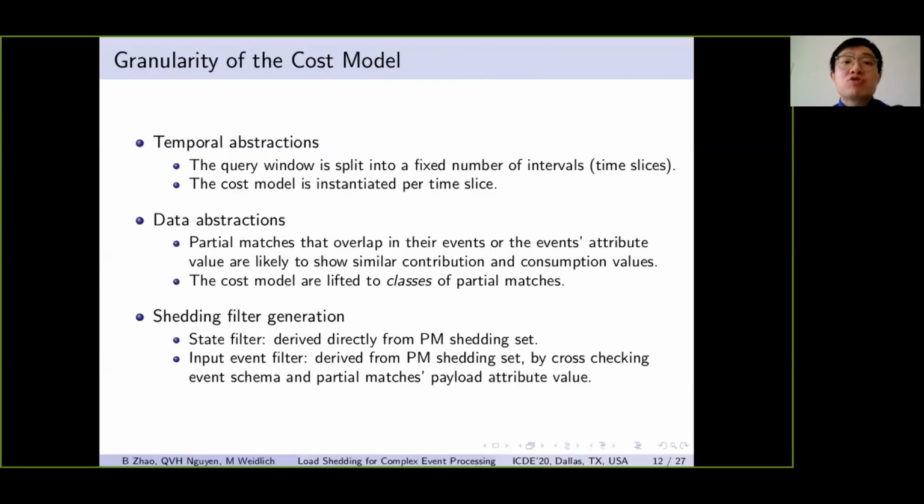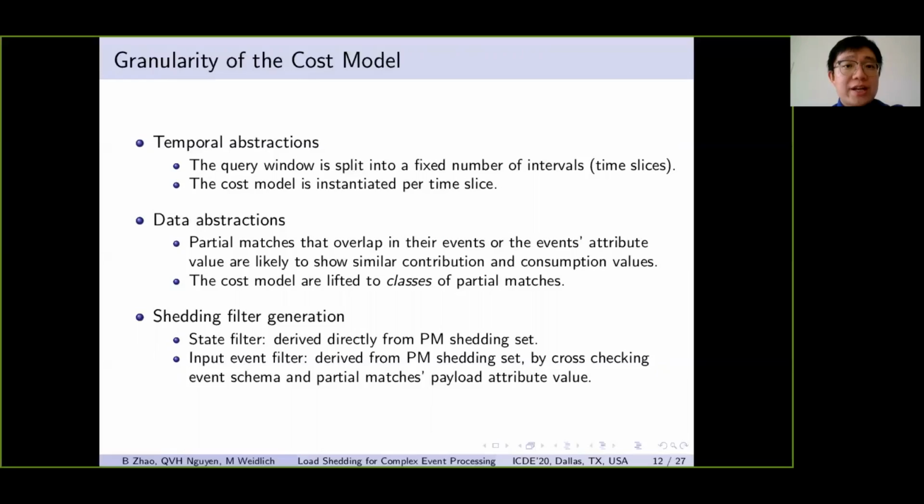For temporal abstractions, we divide the time window into several intervals, or time slices. Consumptions and contributions are computed per time slice instead of per time point. Similarly, data abstractions observe that partial matches of overlapped attribute values may have similar consumption and contribution values. Therefore, we lift the cost model to classes of partial matches instead of individuals.